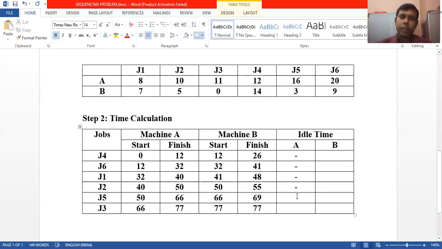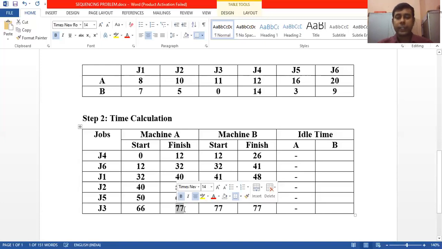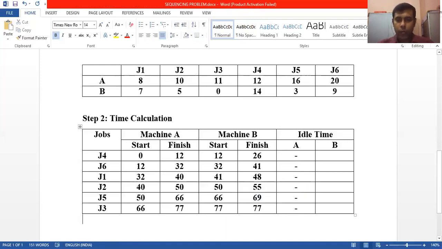Finished at 50, started at 50, again no idle time. Finished at 66, started at 66, again no idle time. Then finally, it is finishing all the jobs at 77 hours and the entire system is running up till 77 hours. So there is no idle time either, right?